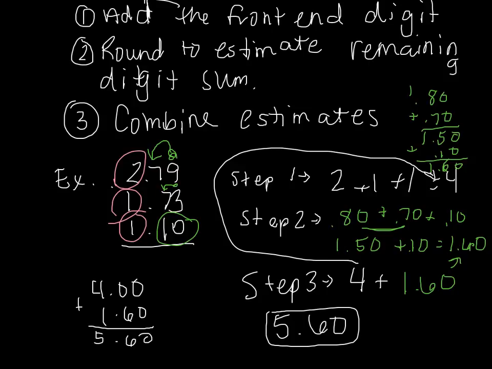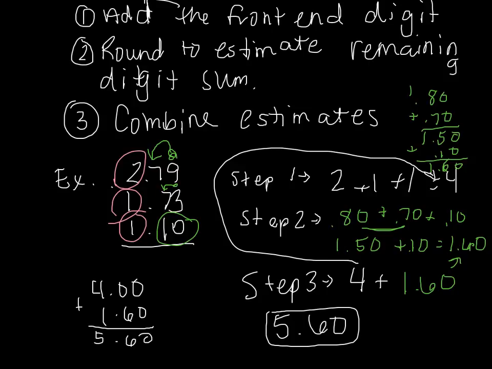It might be easier for you to do just regular old round to estimate, but that's not what I want you to be doing. I want you to try to have a few different strategies so that when it comes to estimating, maybe it'd be easier to use front-end estimation than it would to use just regular old rounding, because this type of estimation is much more accurate than just regular old round estimation.